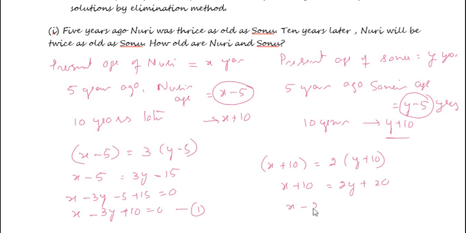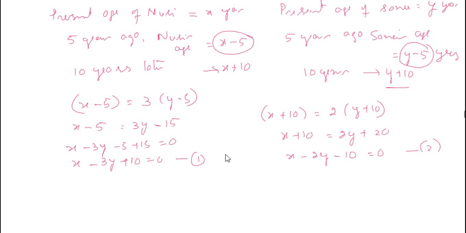So x minus 2y minus 10 equal to 0. This is equation 2. Let me write the equation 2 here down. x minus 2y minus 10 equal to 0. Equation 2. Now subtract equation 2 from 1. So equation 1 minus equation 2.